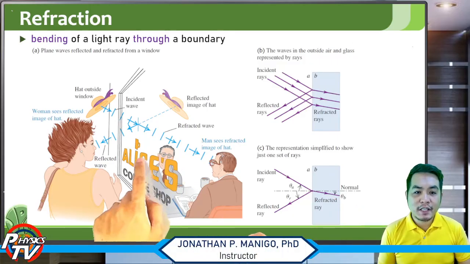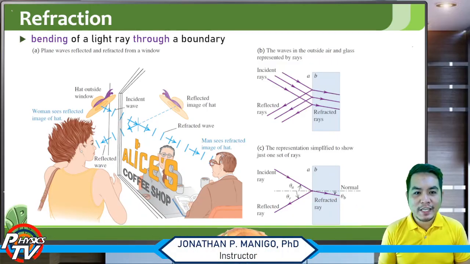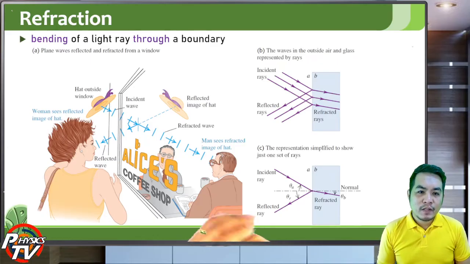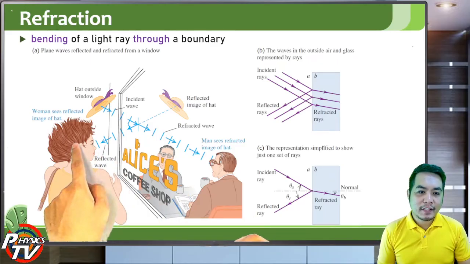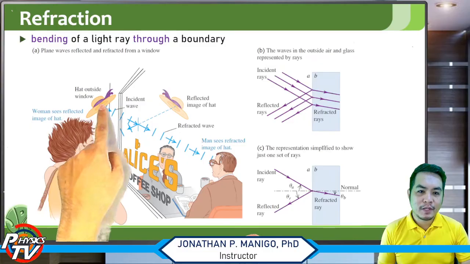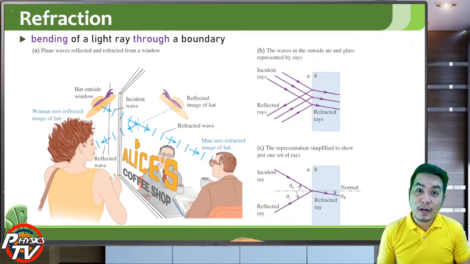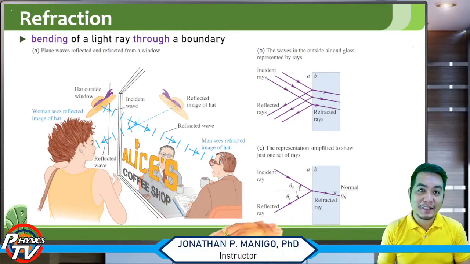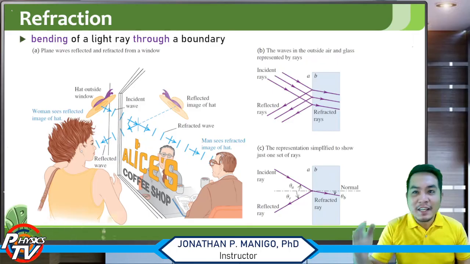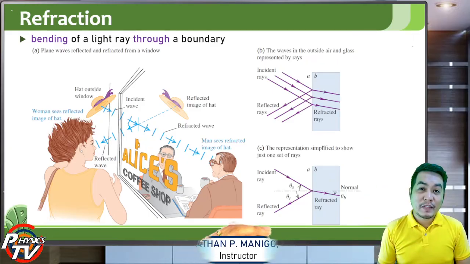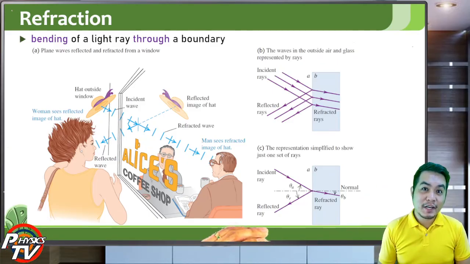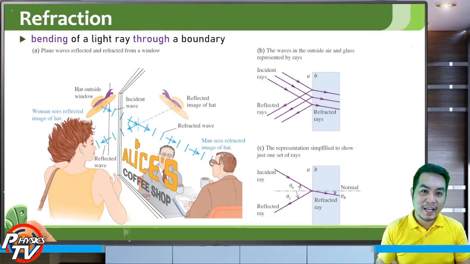For instance, in this picture here, you will see that the woman sees a reflected image of this hat because this is glass, but still this can have specular reflection. This can act like a mirror. We see this all the time, right? When you see a glass pane, sometimes we can see ourselves because there is reflection and refraction in a glass surface.